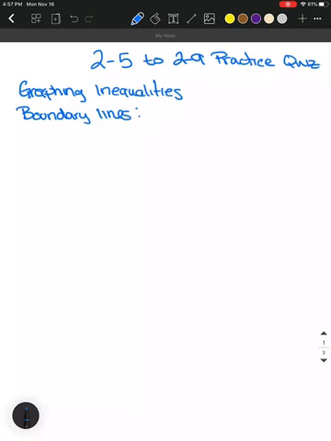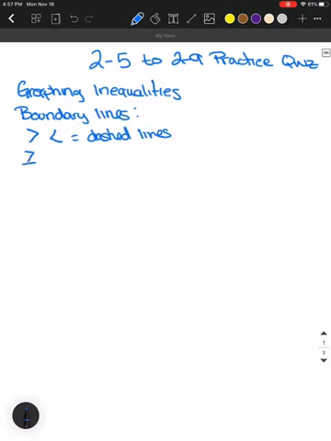When we have greater than or less than, those are our dashed lines. And when we have greater than or equal to or less than or equal to, these are our solid lines. The last part of graphing inequalities is the shading, and we're going to use test points to shade.